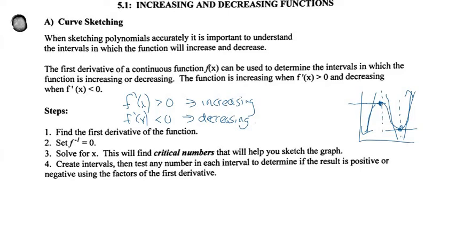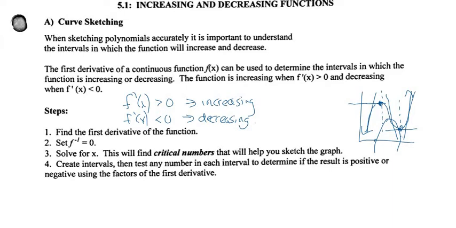Maybe the derivative is something like this. But we know that even there, if we want to go from positive to negative or negative to positive, we have to pass through 0.